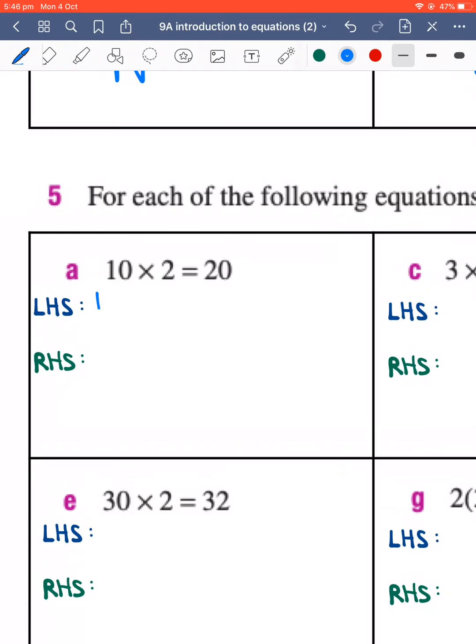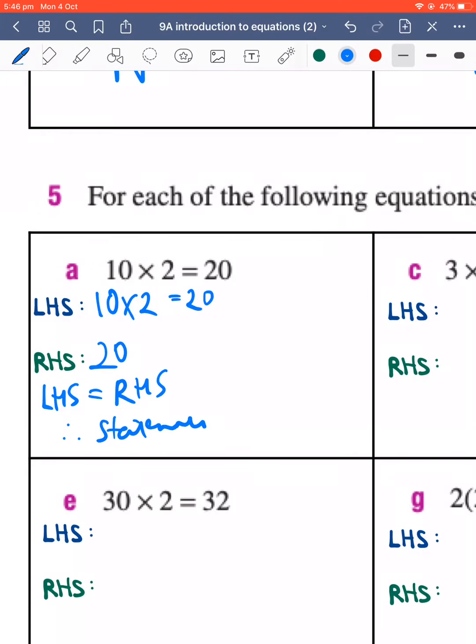I've got 10 multiplied by 2, which gives me 20, and my right-hand side was 20. Now we're comparing, so my left-hand side does indeed equal my right-hand side, therefore the statement is true, because 20 equals 20.